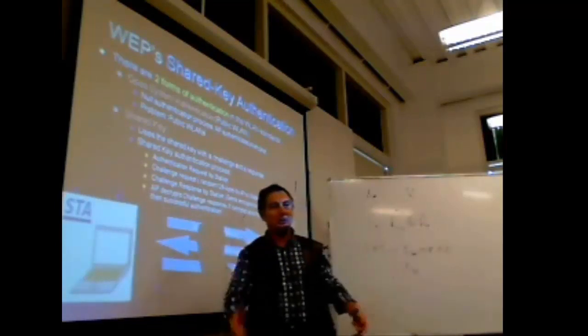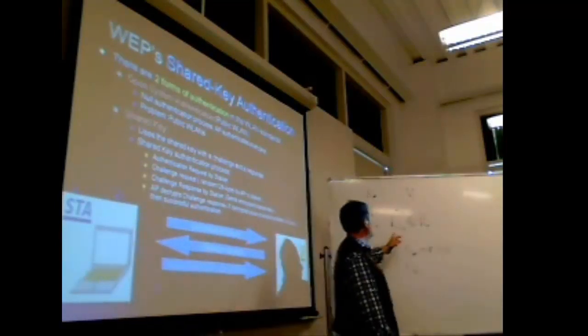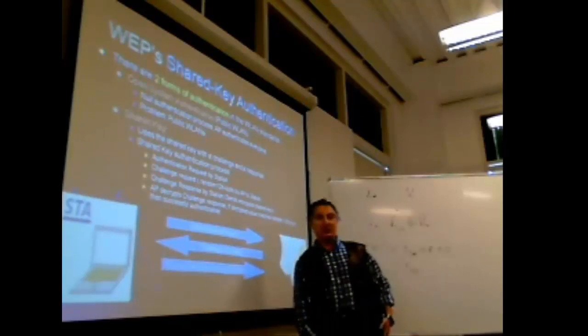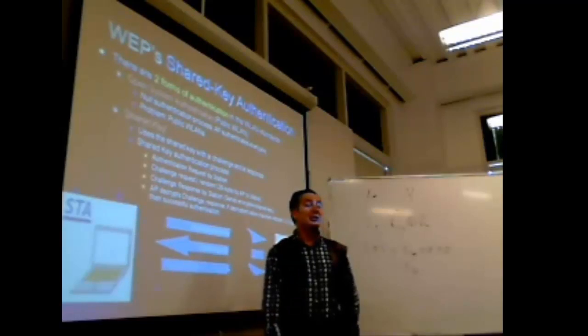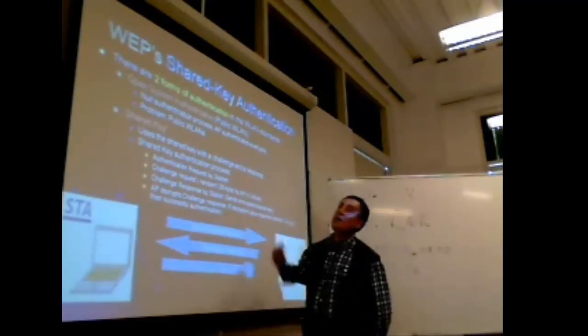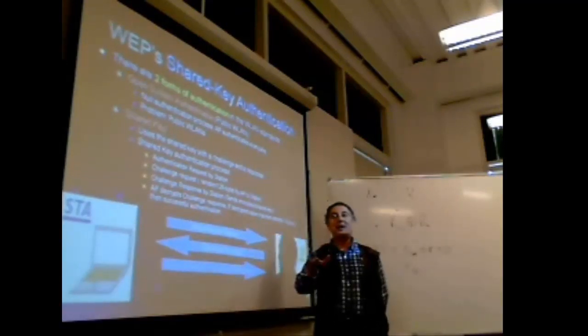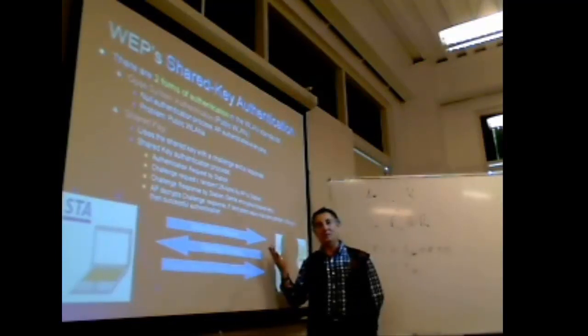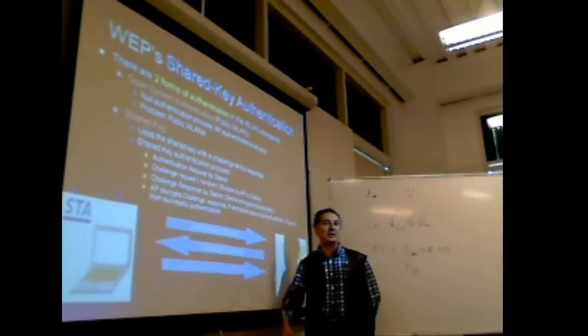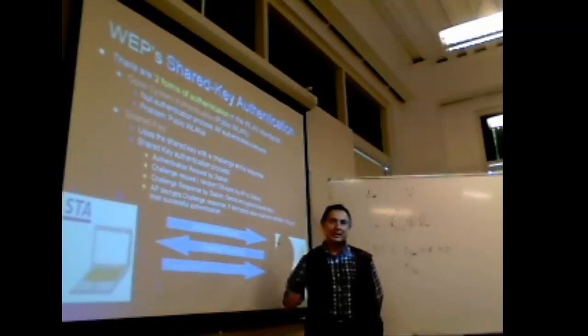The result is going to be 0. And 0 exclusive OR key is going to give you the key itself. So this way, you can break this. So in other words, in WEP, we don't have a secure authentication protocol. So that's the idea anyway.